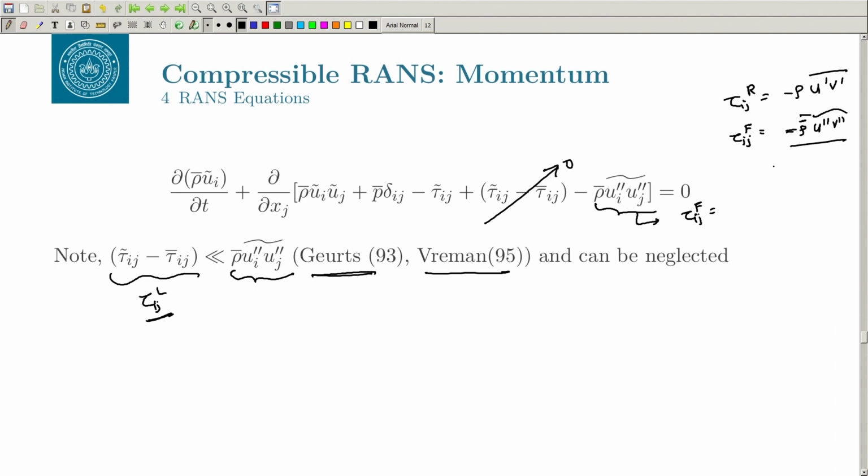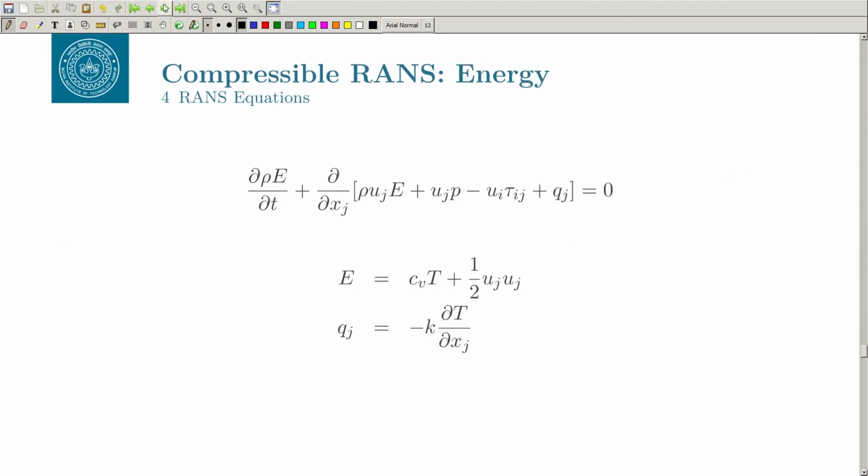Or you can also write it as minus rho u double prime v double prime bar. So, this is my tau ijf. So, we have an additional fluctuation term. That is the only change we have in the momentum equation.